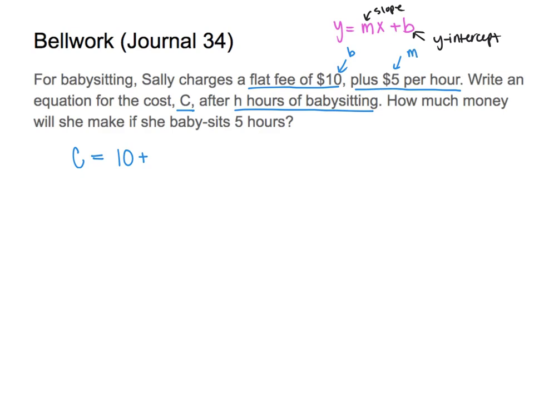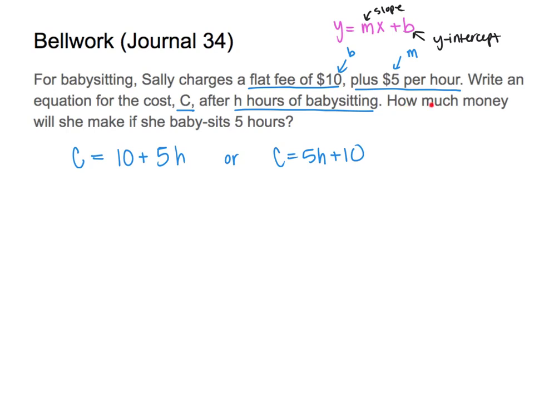So I'm thinking maybe this equation is like 10 plus 5x, or not x in this case, h, since h is the hours. So we can write our equation like this. Some people will write it like c equals 5h plus 10, but you can see that they're the same thing. So here's our equation.